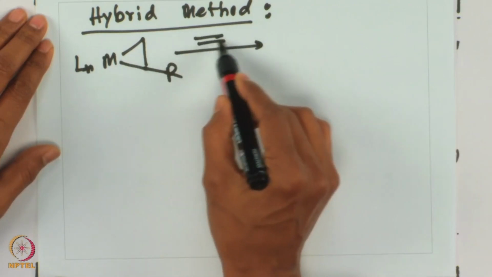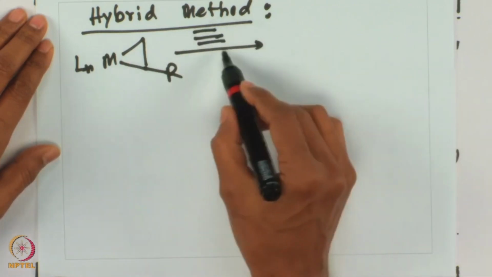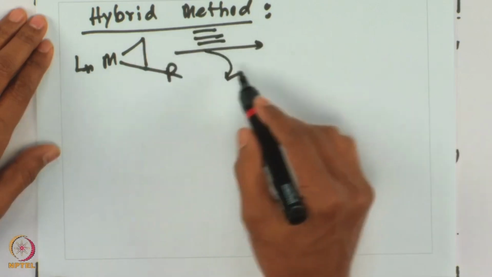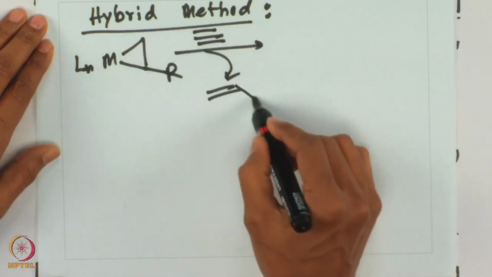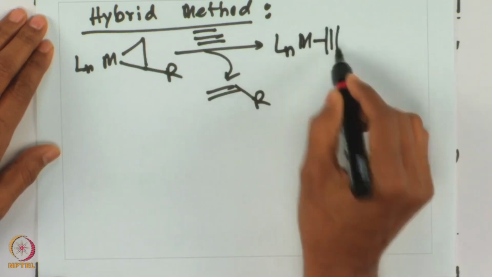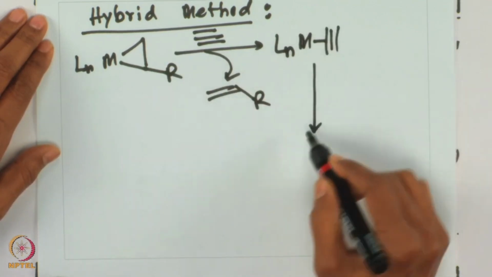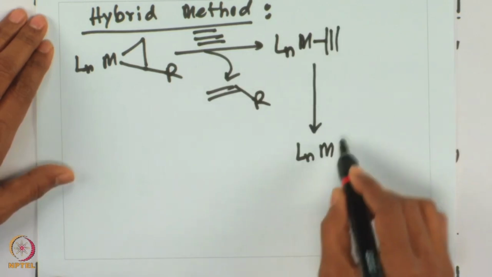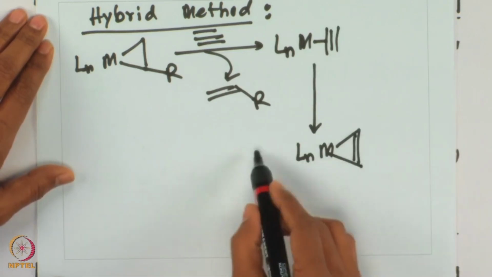From there on, the alkyne will be reacted with it. During the process, this olefin fragment will go out, and overall we have ligand metal alkyne species formation, which is nothing but once again this ligand metal cyclopropene formation.